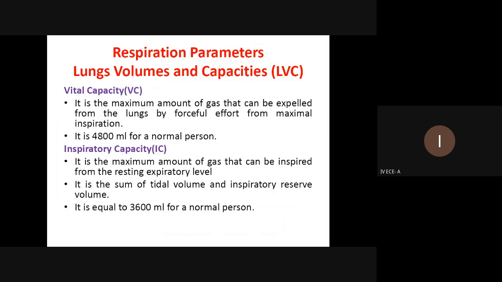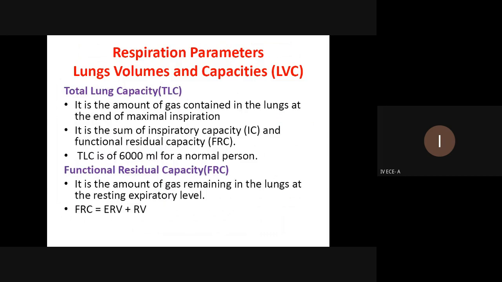Vital capacity is the maximum amount of gas that can be expelled from the lungs by forceful effort after maximal inspiration, that is 4800 ml for a normal person. Inspiratory capacity is the maximum amount of gas that can be inspired from the resting expiratory level. It is the sum of tidal volume and inspiratory reserve volume.